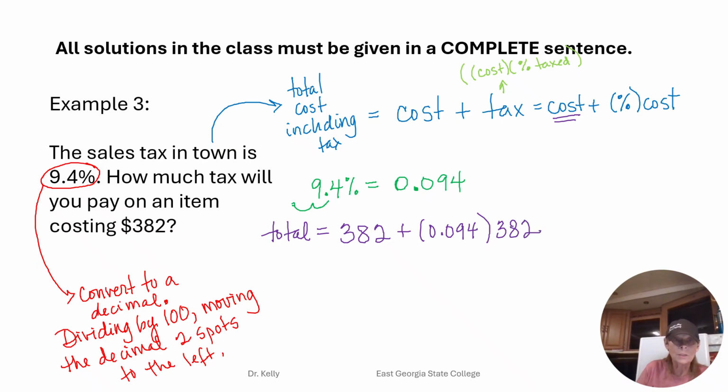All right, and when we do the math there, we have 382 plus, did I show the math? I didn't, but I will pull out my calculator here real quick. 382 times 0.094, that is 35.908.